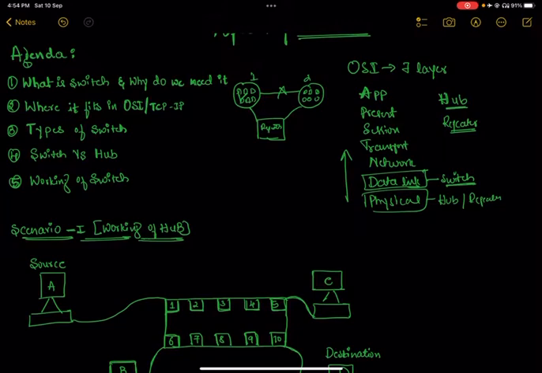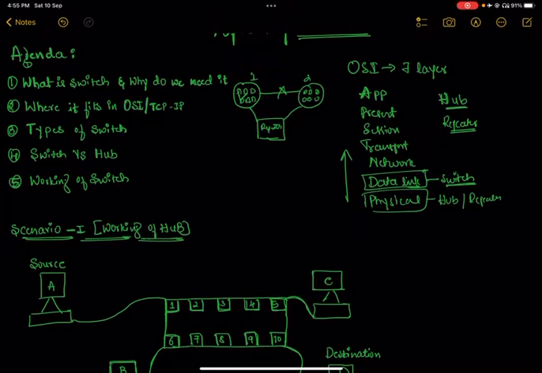So all the devices that work in the physical layer understand only bits, right? For the hub and the repeater, whatever packets or traffic come in are distributed in terms of bits, like zeros and ones, and then transmitted over the network.